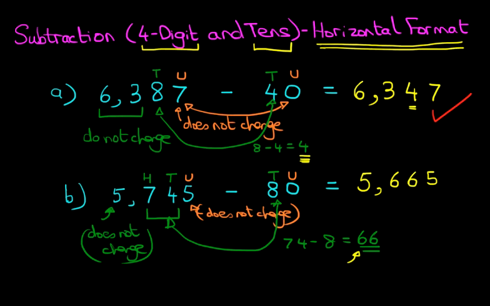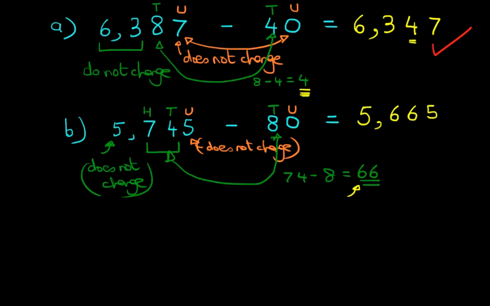Now let's scroll down and work on our final example. This time we have 8,014 minus 70. Again, now we're getting into much larger numbers, but the same principles apply. I just want to point something out at this stage.